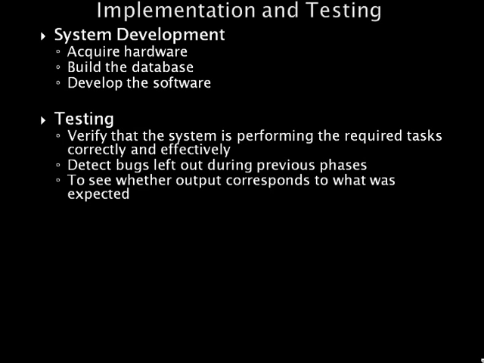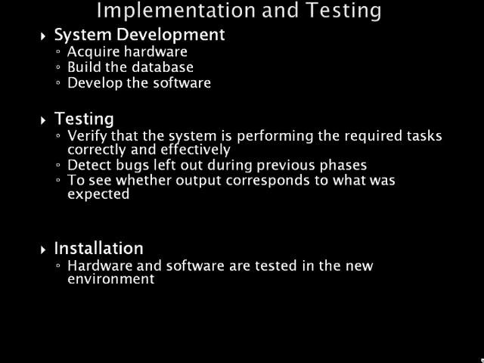The processed information is then evaluated to see whether results are correct, that is, whether the output corresponds to what was expected. Installation. During this phase, both the hardware and the software are tested again in the new environment. Although the programmer will find and fix many problems, almost invariably the user will uncover problems that the developer has not been able to detect.